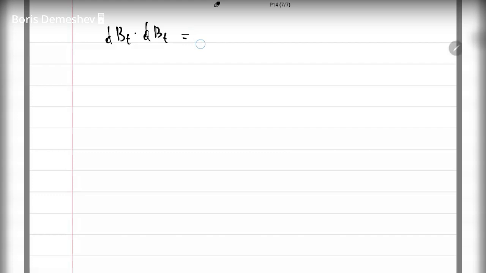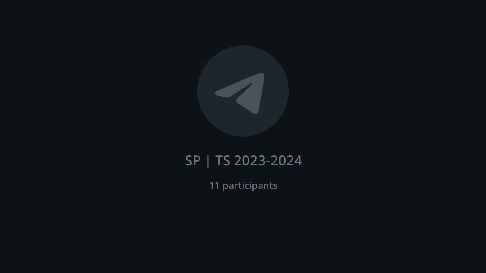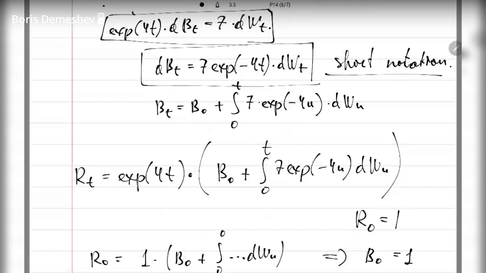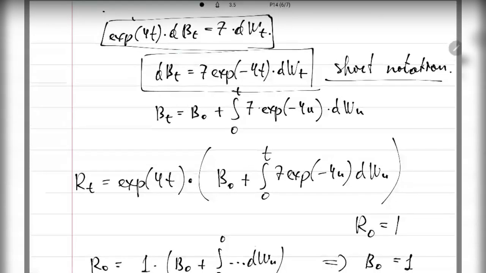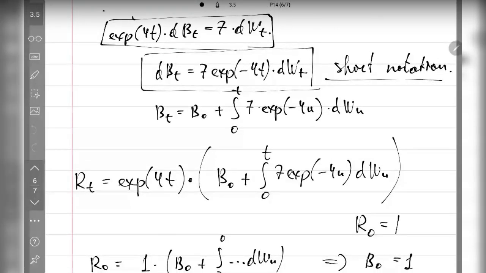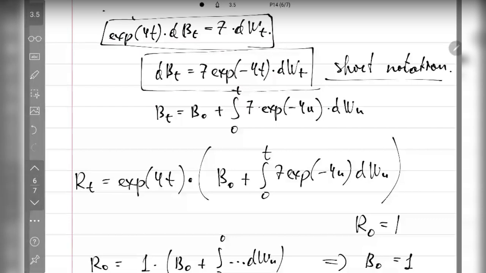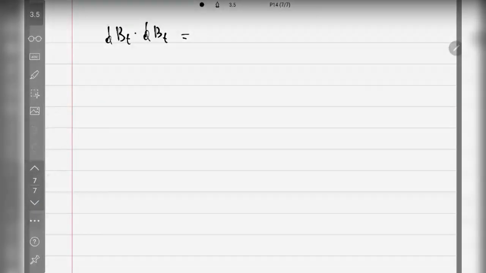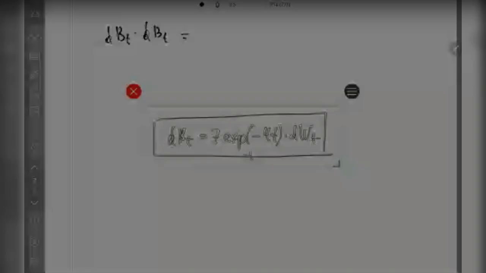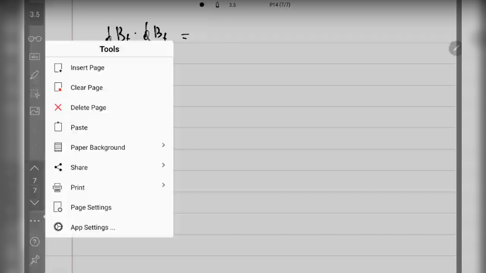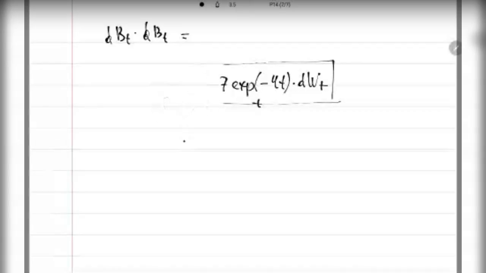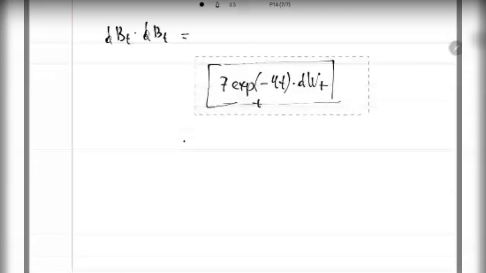Yeah, we have here the expression for dbt. If we calculate this value squared, what will we get?